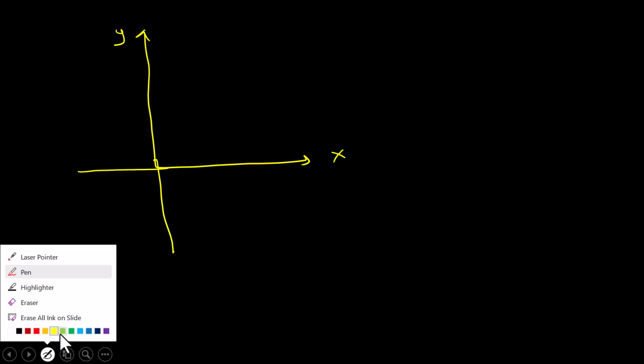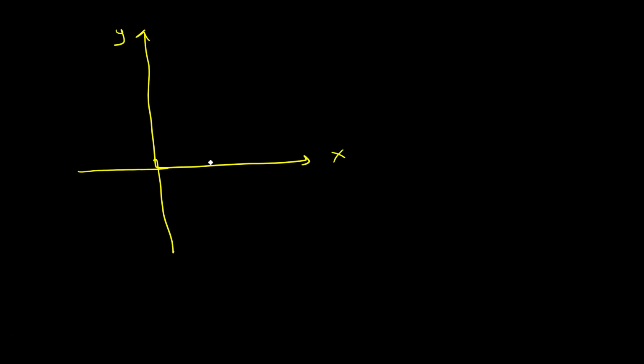Now, if a line, okay, so we have Y, then X. Okay, so if a line meets the positive direction of the X axis here, so let's call this one theta.